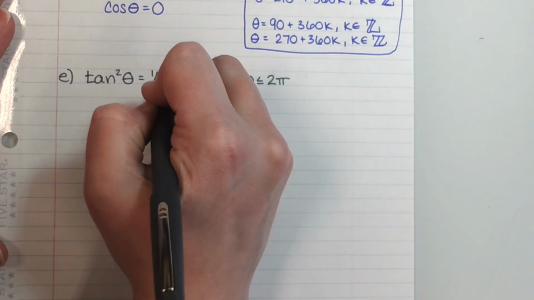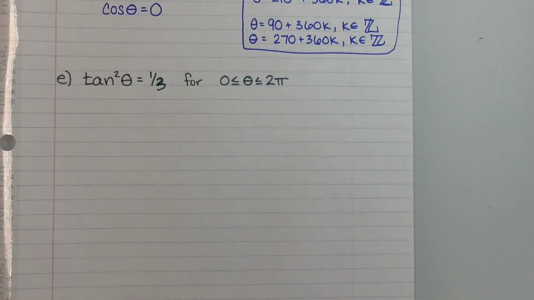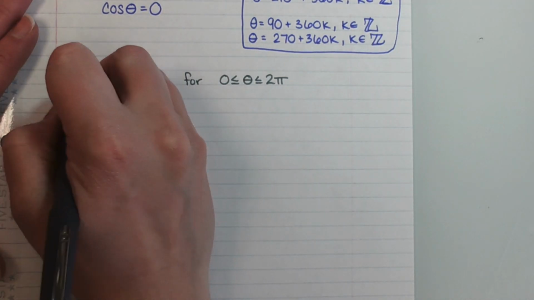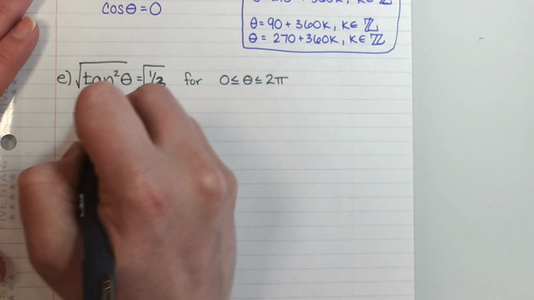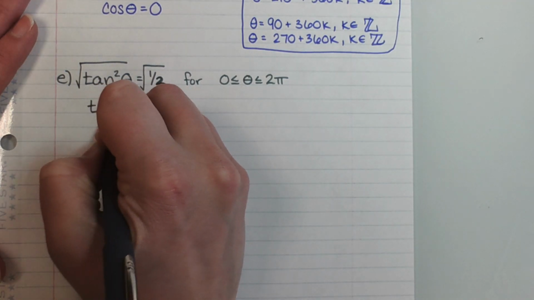Oops, that was supposed to be a 3. Tangent squared theta is equal to 1/3. Use the square root. When you square root, what do you need to include?